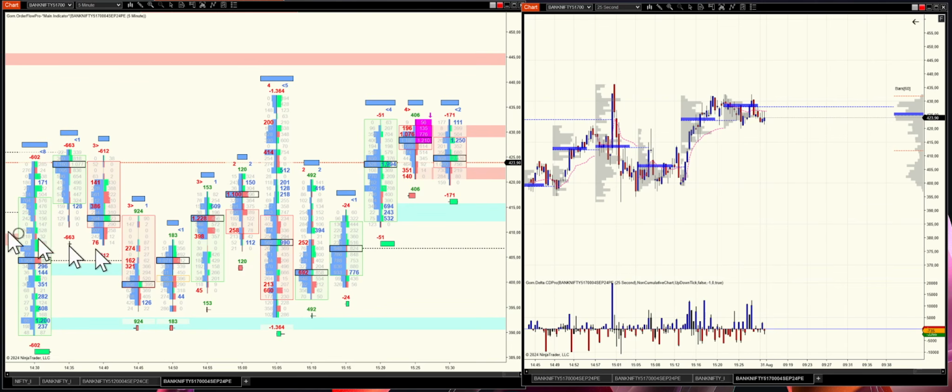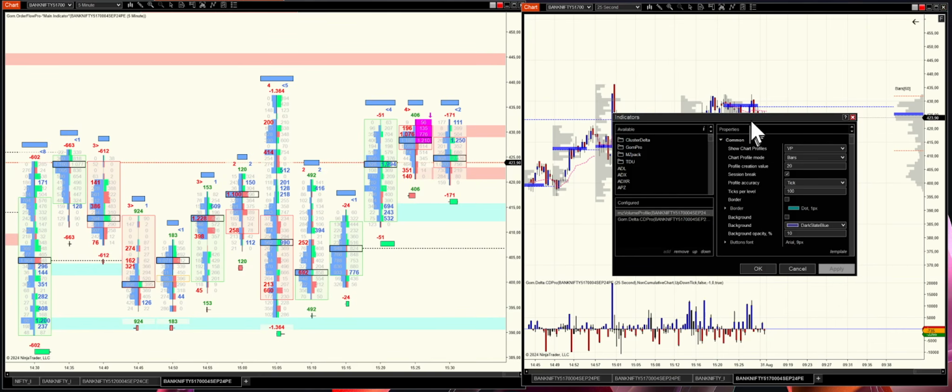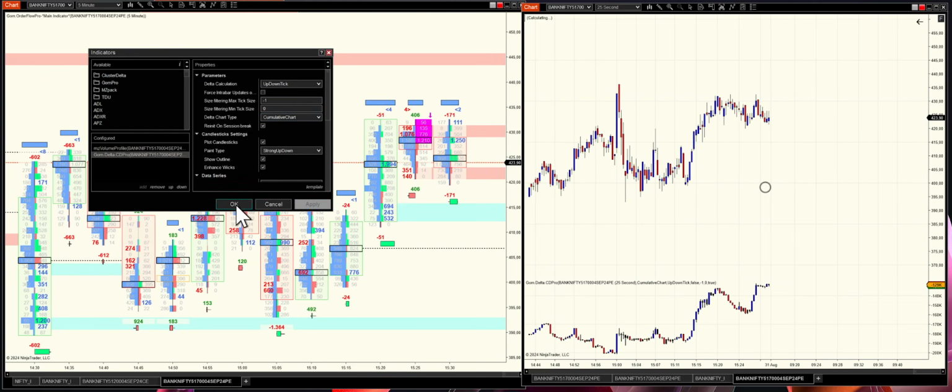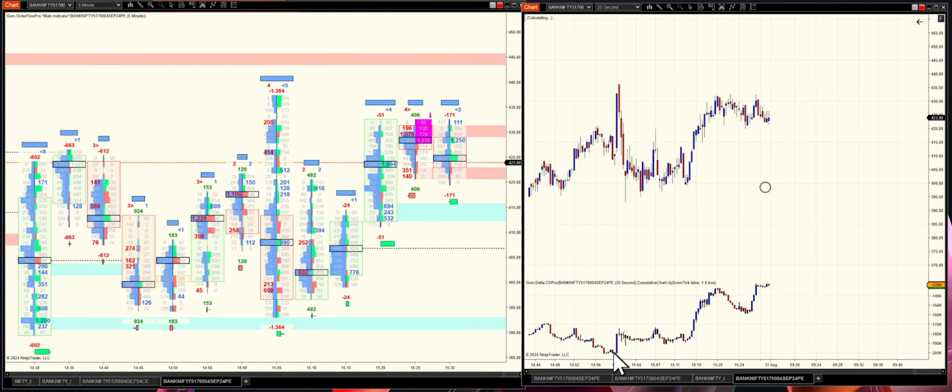So let's assume, let's go back to the same old mode that we had, and let's make it a cumulative chart. Okay, so now let's go to the same bar that we were discussing, the 1505 bar, that is from here somewhere.